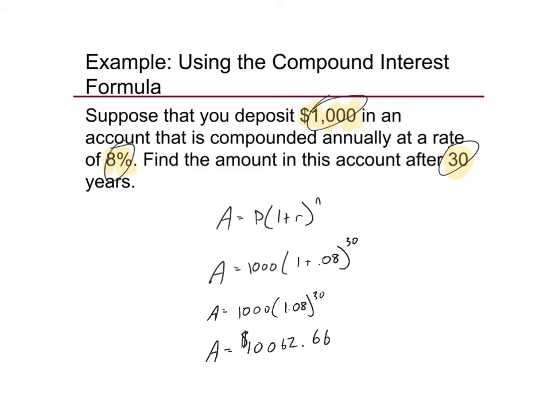We always round money problems as though they are money. So that original $1,000 has compounded over 30 years and has become $10,062.66. We made a lot of money.